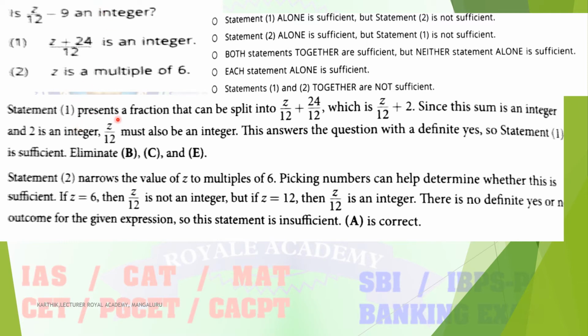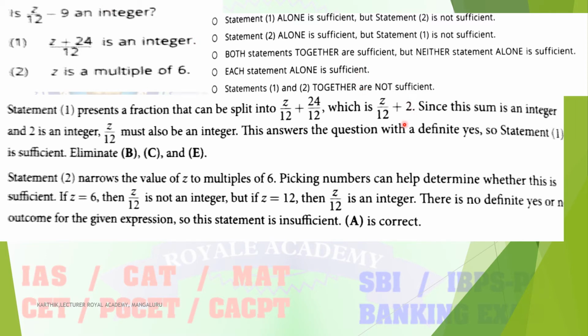So statement 1: z plus 24 divided by 12 splits like this, z by 12 plus 24 divided by 12, which is z by 12 plus 2. So what they said is an integer.